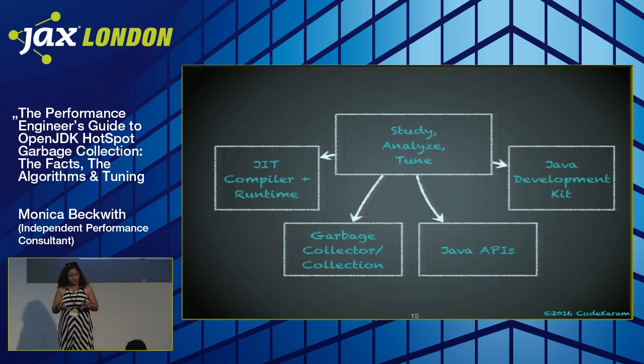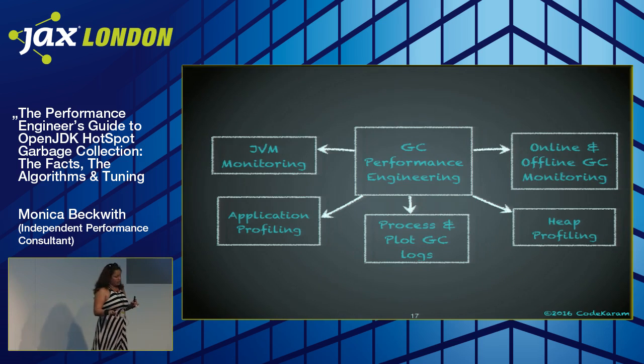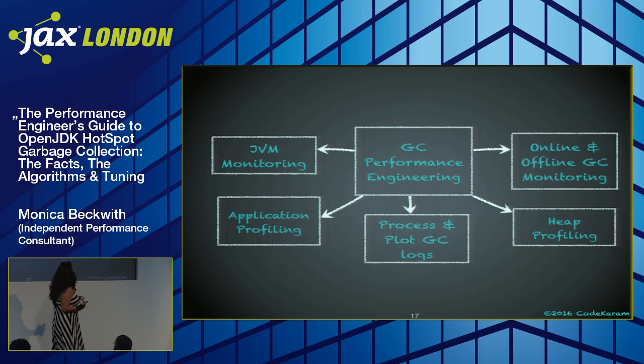So there are different components that you would be either specializing in or tuning from one day to the other. What about garbage collection? You can do online and offline monitoring for the GC, right? You could do heap profiling.